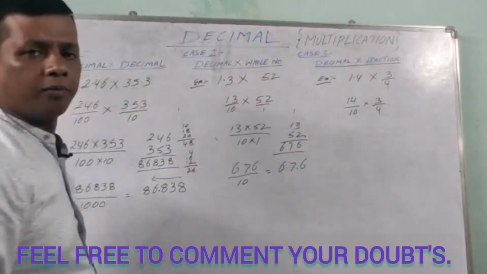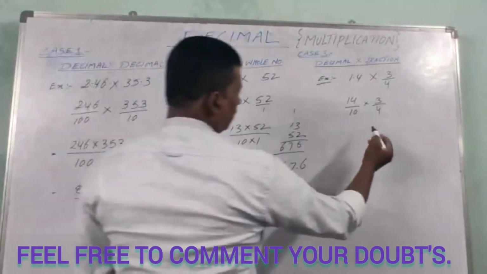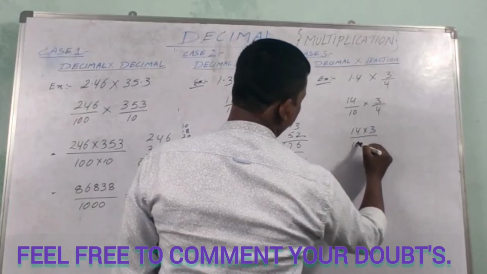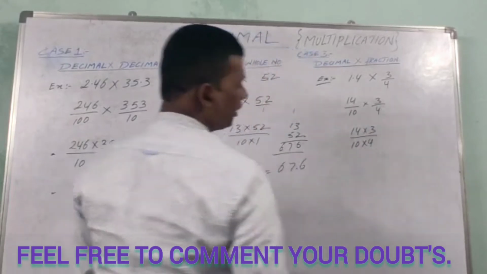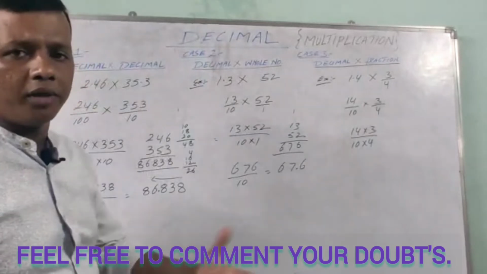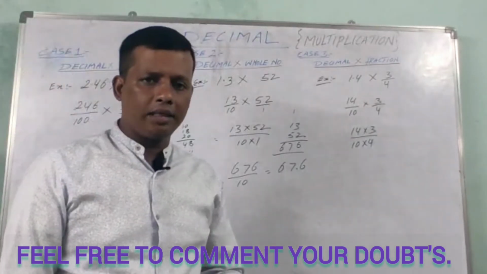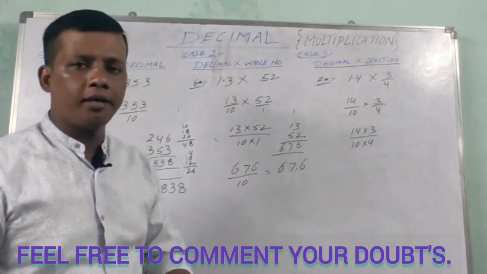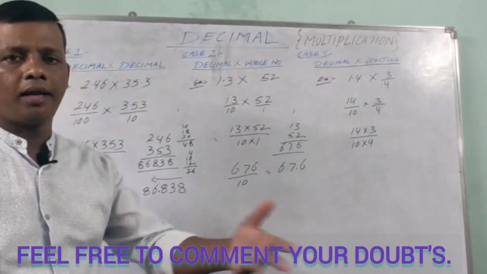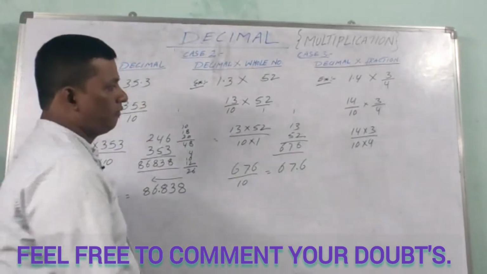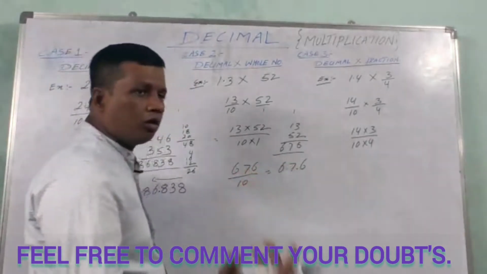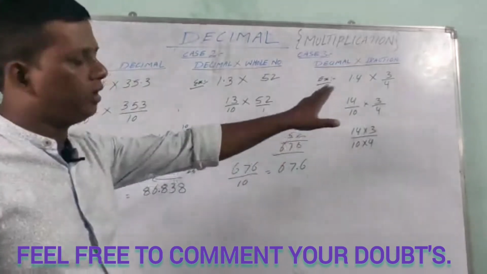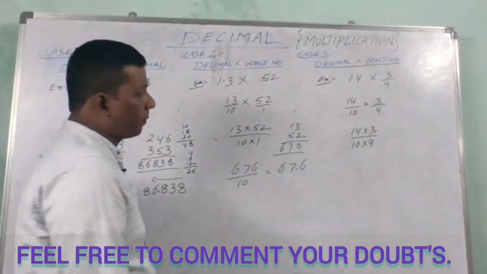Now multiply numerator and numerator, denominator and denominator: 14 into 3 by 10 into 4. Before multiplying, write numerator and denominator together and see if there is any possibility for cancellation. Then cancel it, reduce the numbers and proceed with the final step. If cancellation is not possible, then we multiply numerator and denominator separately.